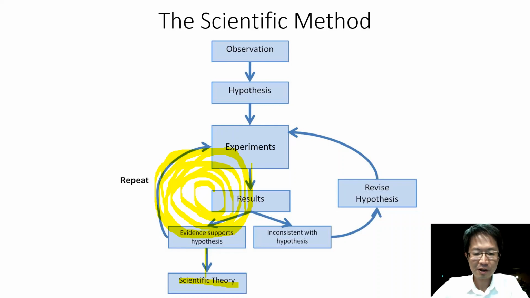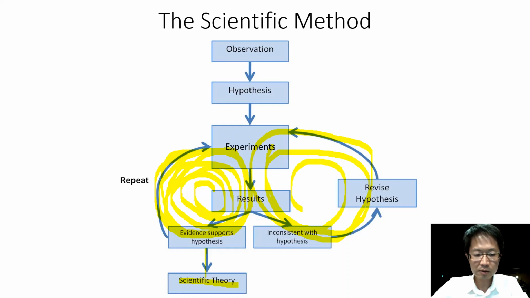On the other hand, let's say we do this experiment and the result or the data is not consistent with the hypothesis. What happens? Then we have to keep on revising the hypothesis and redo the experiment, and so on and so forth, until when?